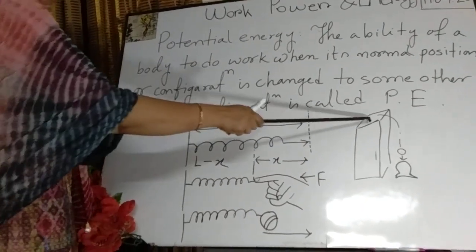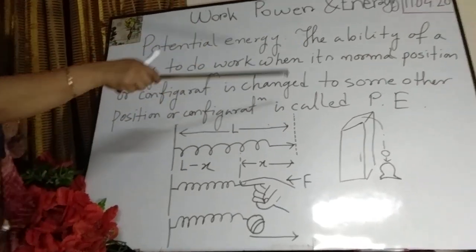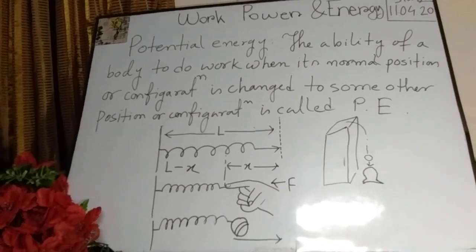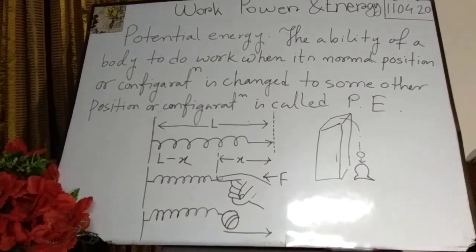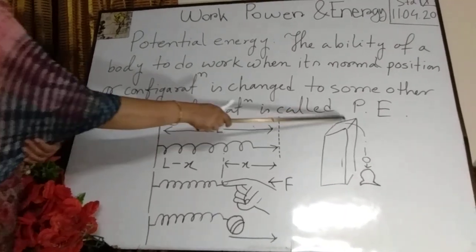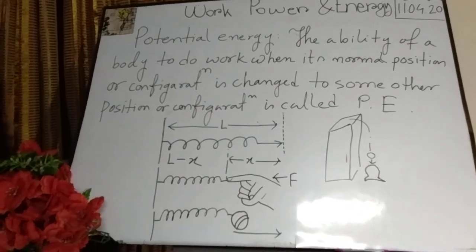So when the stone or any brick was kept on the roof of the building, potential energy will be stored in it. Okay, but that potential energy works when it falls down. That means when the stone is falling down, that time the potential energy will be working.